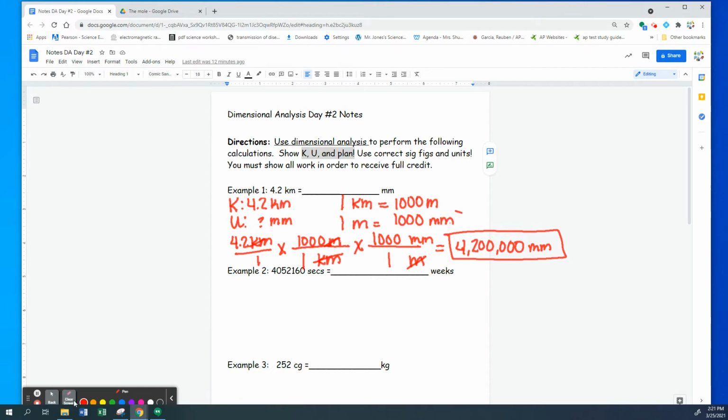In example number 2, our known is 4,052,160 seconds. Our unknown is how many weeks?